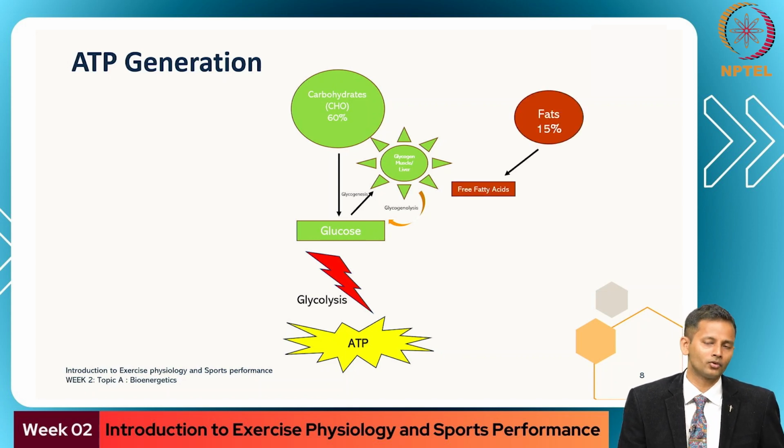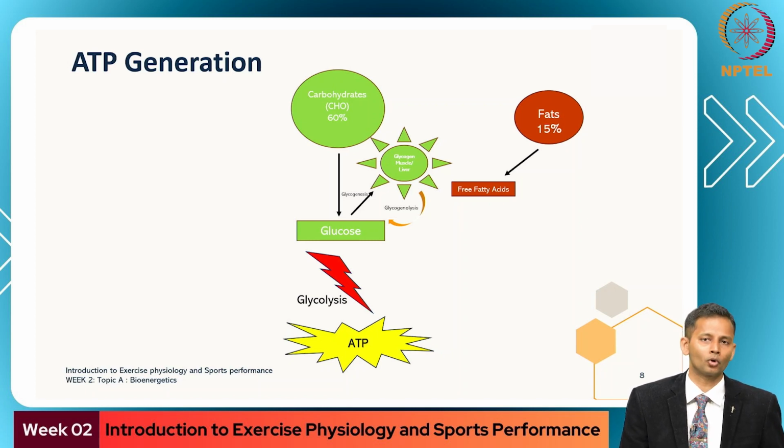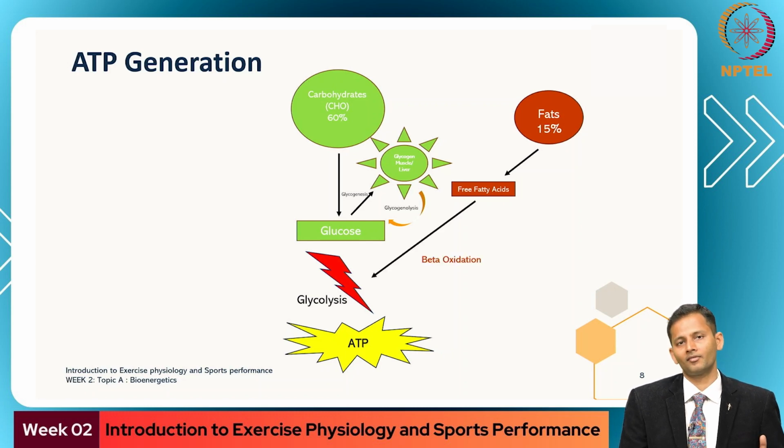The next macronutrient or energy substrate that we have is fats. It's about 15% of your normal balanced diet, and the simplest molecule that fat gets broken down into is free fatty acids. These free fatty acids undergo a series of chemical processes called beta oxidation and enter the glycolytic pathway.